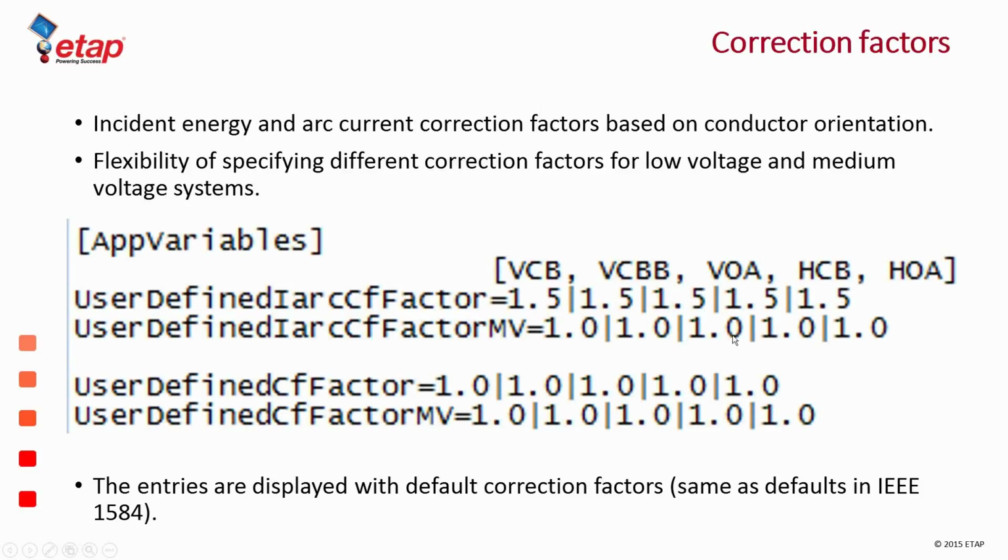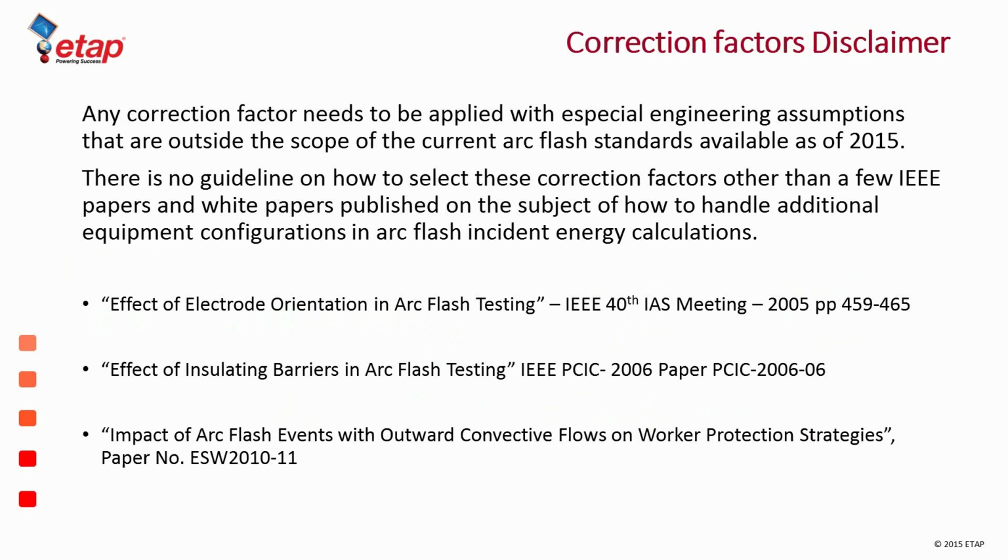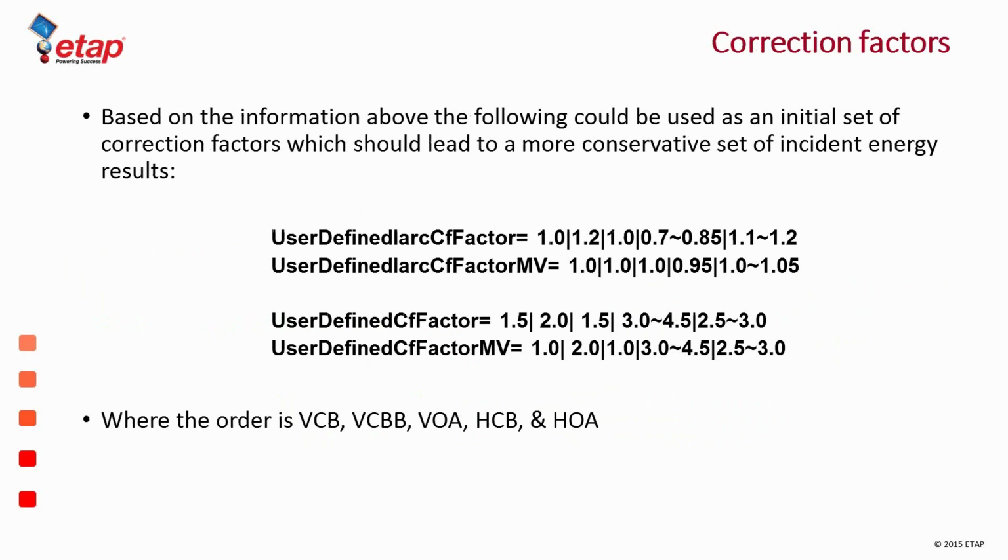Now, when you first open the ETAP s.ini, you're going to find that all of these factors are the default. And by default, I mean as how they're published in the IEEE 1584. Okay? So you would have to go and change or modify those, right? As a guideline, when you open the ETAP Arc Flash help, the following correction factors limits are provided.